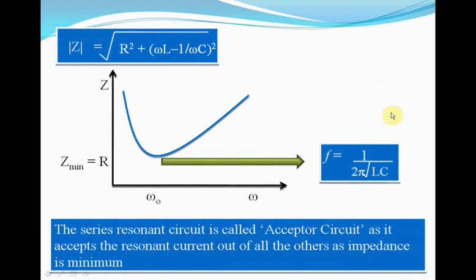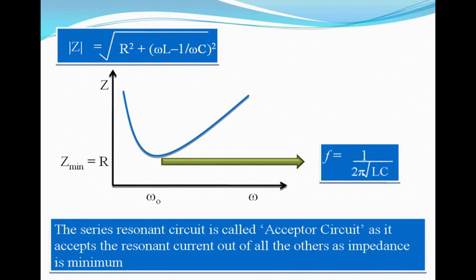The series resonance circuit is often called an acceptor circuit. This is because the impedance is minimum at resonance, isn't it? So it accepts this omega naught frequency out of all the other frequencies. If the series circuit is given a choice that you can accept any frequency, say omega 1, omega 2, omega naught, omega 3, omega x, in that case the series circuit actually accepts only one frequency, omega naught.